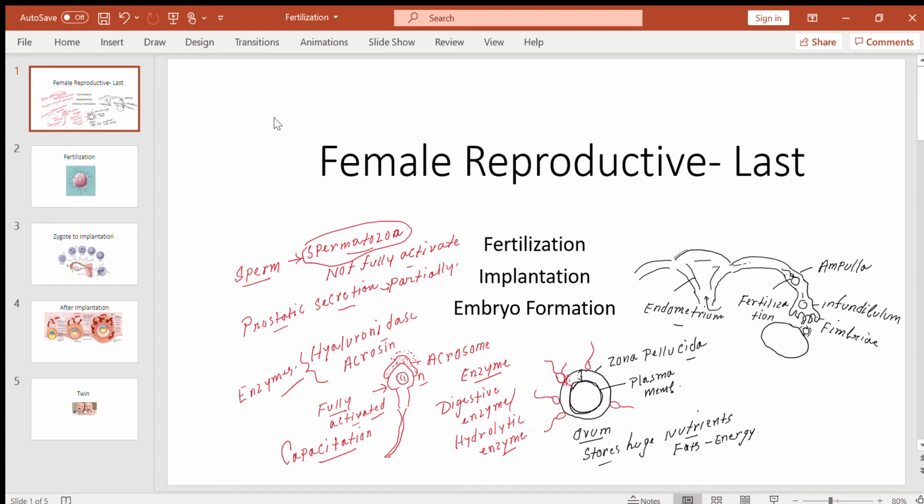Many sperm start to dig or break the wall of the egg at the same time. However, if one reaches here, then others will stop moving in. They will get suppressed, inhibited once one arrives into the egg or ovum.